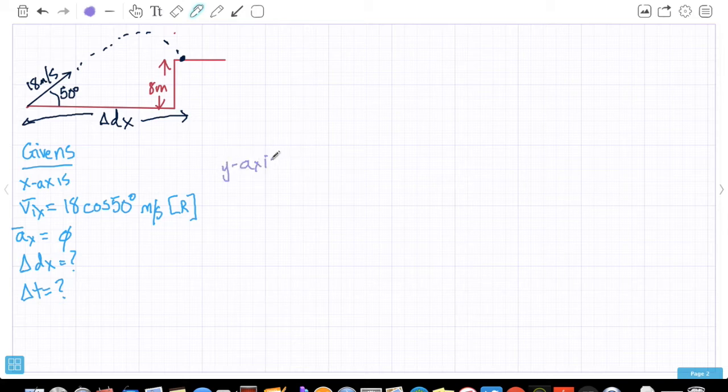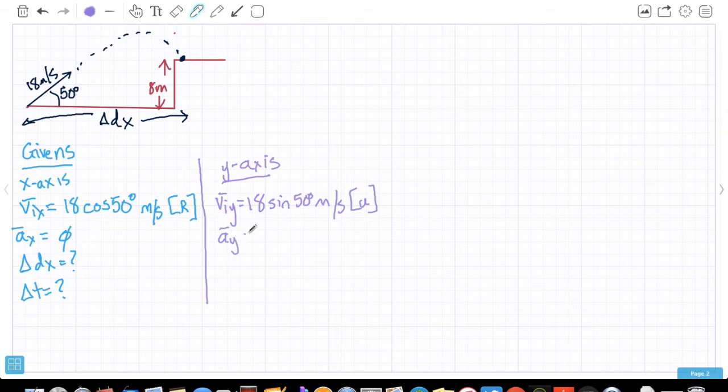So with the y-axis, we know that the initial velocity in the y direction is equal to 18 sine 50 meters per second up. And that's this vector right here. So this vector plus this vector make 18 meters per second. The acceleration in the y direction is the acceleration due to gravity.